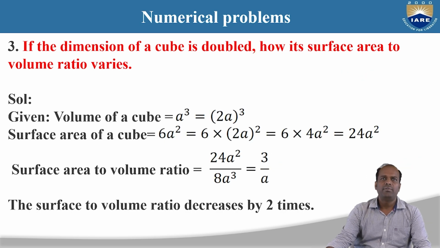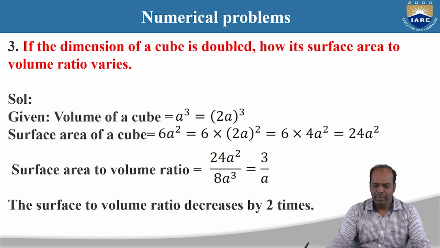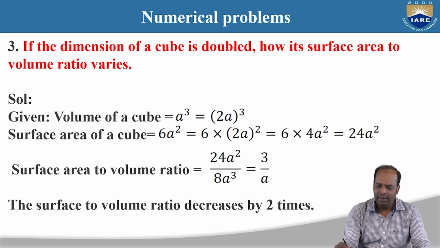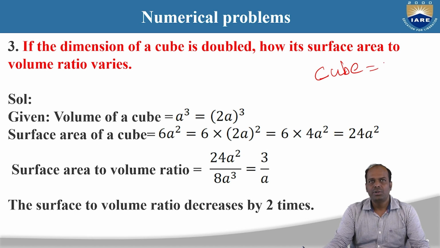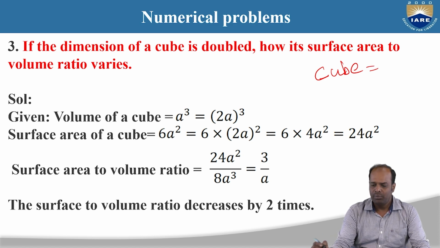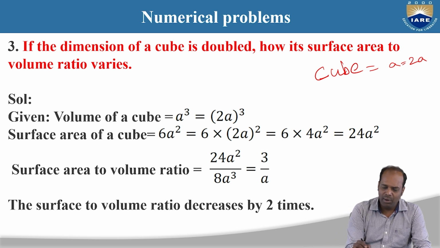Next problem. If the dimension of a cube is doubled, meaning a becomes 2a, then how does its surface area to volume ratio change? First, the volume of the cube is a cube.